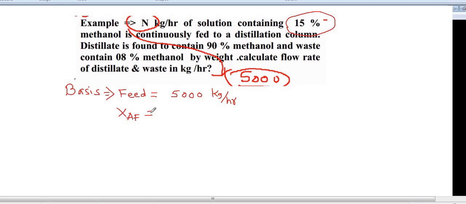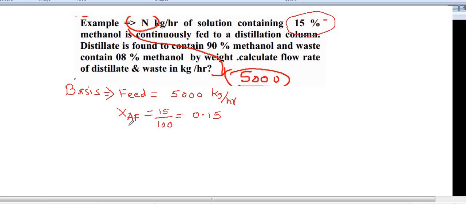So they have given the composition of methanol, and therefore we write down here XAF as fraction of methanol in feed. It will be 15/100, because in feed there is 15% methanol, and we get the value 0.15.